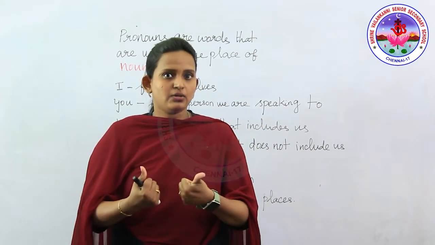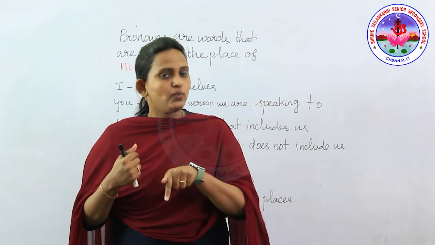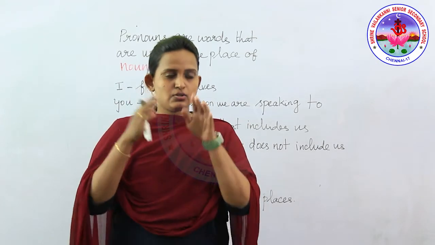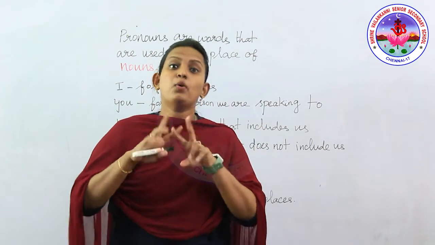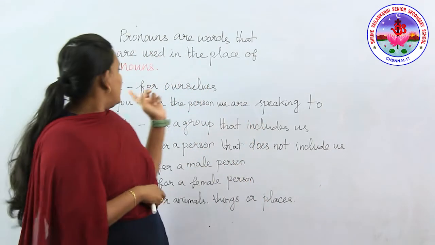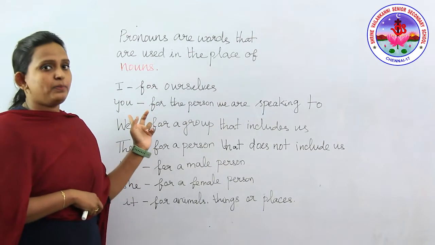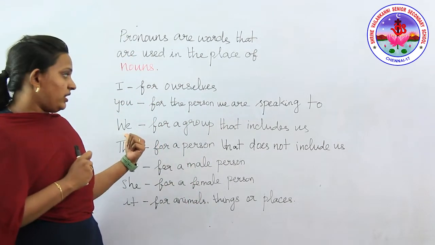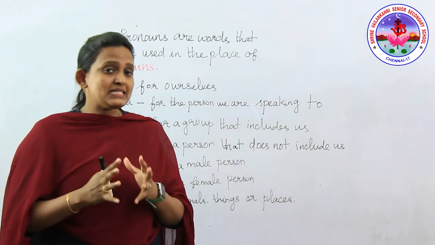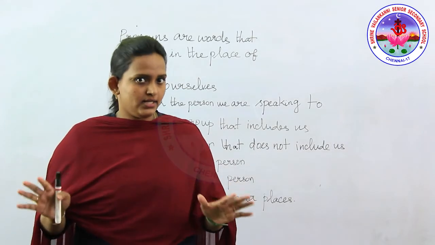We are going out. Which means even you will also be in that group. So we is for persons who are more than one in number. I is for a person who is only one in number, but we use the pronoun we for a group, which means it is more than one in number.